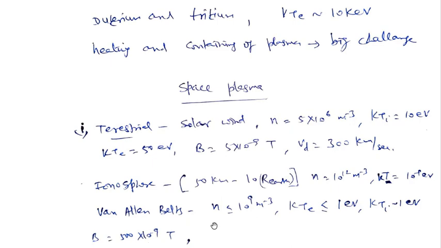In addition, there is a hot component with 10 to the power 7 per meter cube of number density and 40 keV electronic temperature.